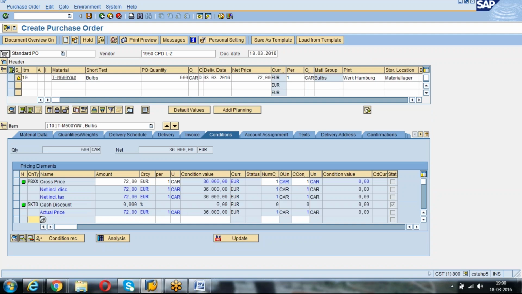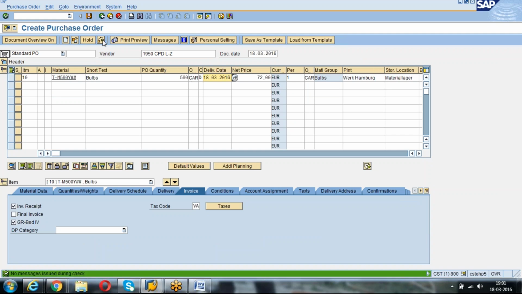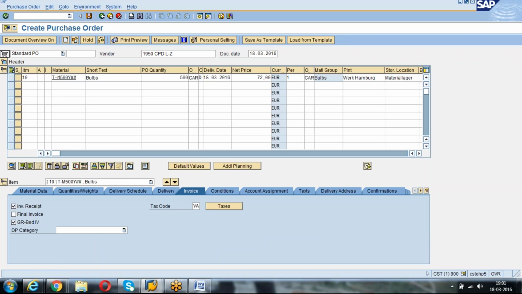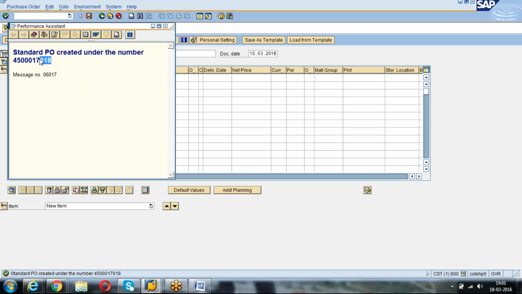Okay, this is the basic price we got, and we can change the delivery date. Now I'm saving the purchase order. This is our purchase order number. Save the purchase order number and copy it.